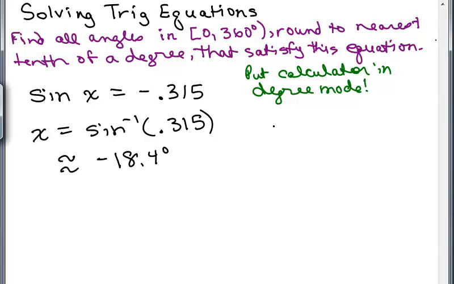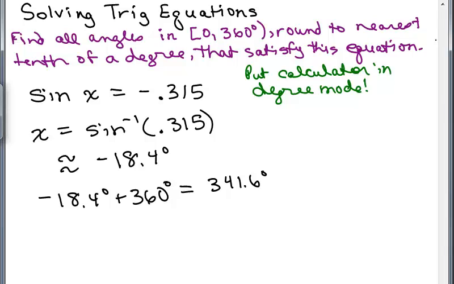So if I add 360, I'll get something in the range I want. So if I do negative 18.4 degrees plus 360, what does that give you? Let me do that. I get 341.6 degrees. And now I do have an angle in the correct range.